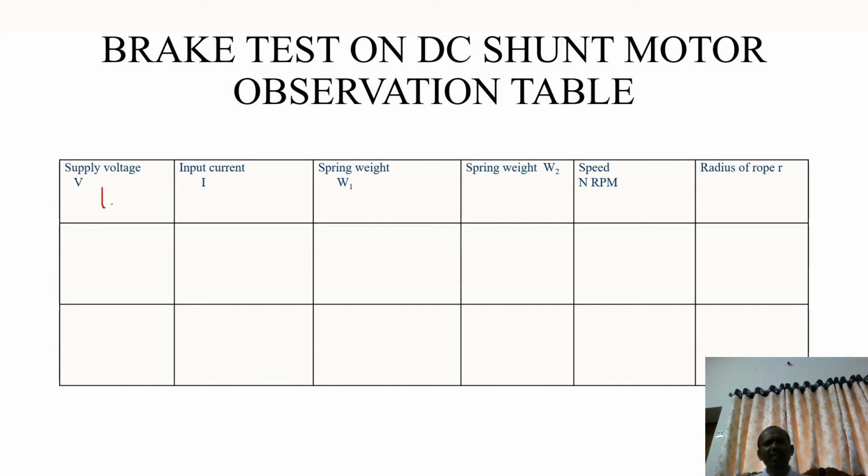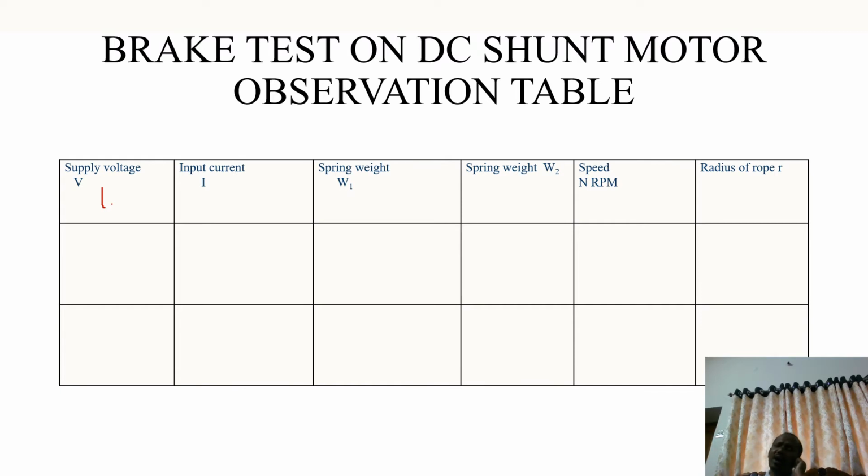Under no load condition, voltage V is applied to the DC shunt motor. Here the applied voltage is approximately 220 volts, which is constant, not variable. There is an input load current, IL, which passes through the circuit and is divided into shunt field current as well as armature current.